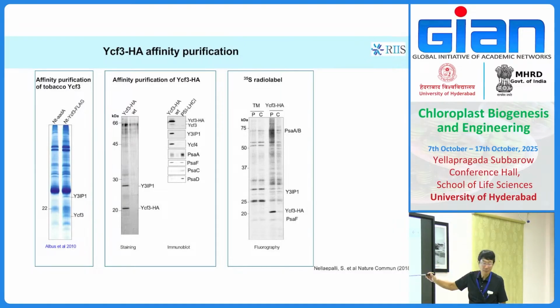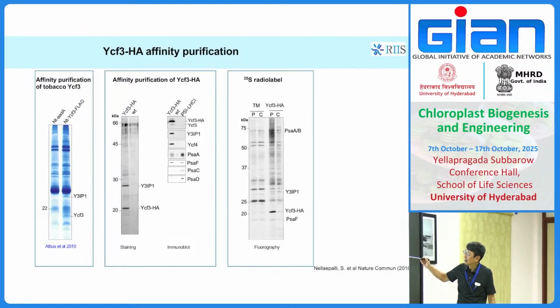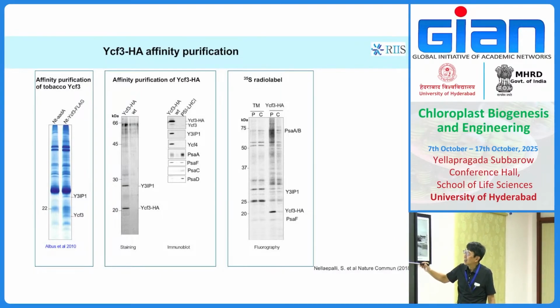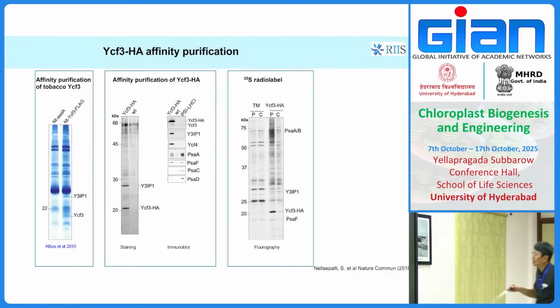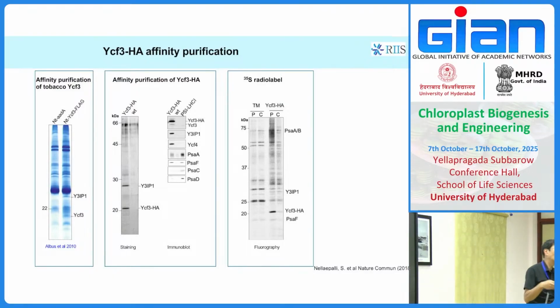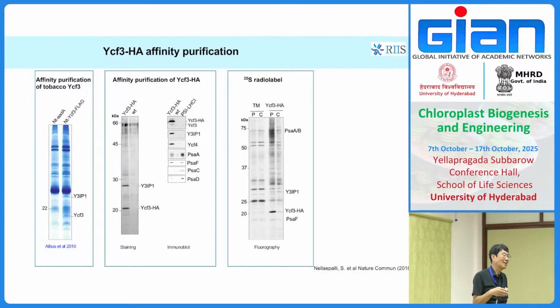You don't see the band here, but it is present. And what is important is a small amount of PsaA, F, but not others. A small amount of PS1 subunit was there. But with a not-so-pure preparation, if you see a polypeptide other than YCF3, nobody believes it is an authentic interacting protein, but maybe contamination.